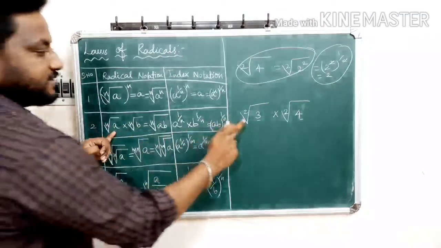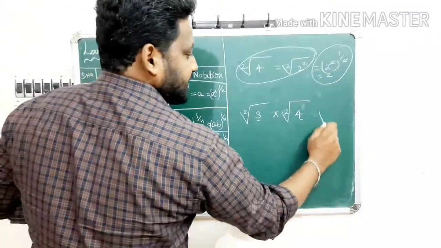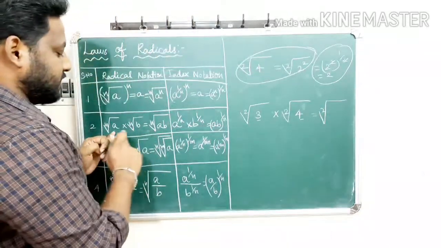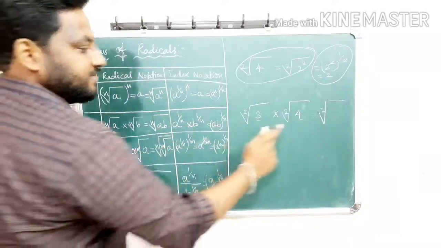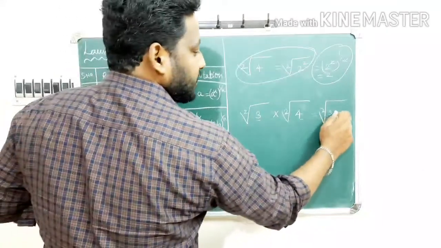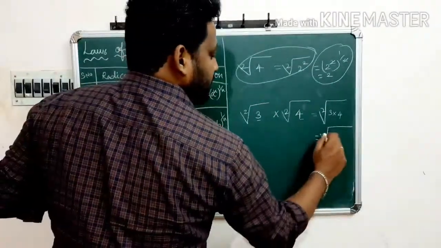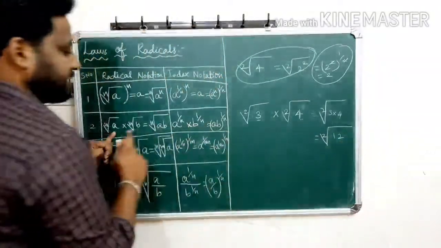We can write the same root, the square root, of a and b multiplied, which means 3 into 4, which is equal to the square root of 12. So this is the answer.